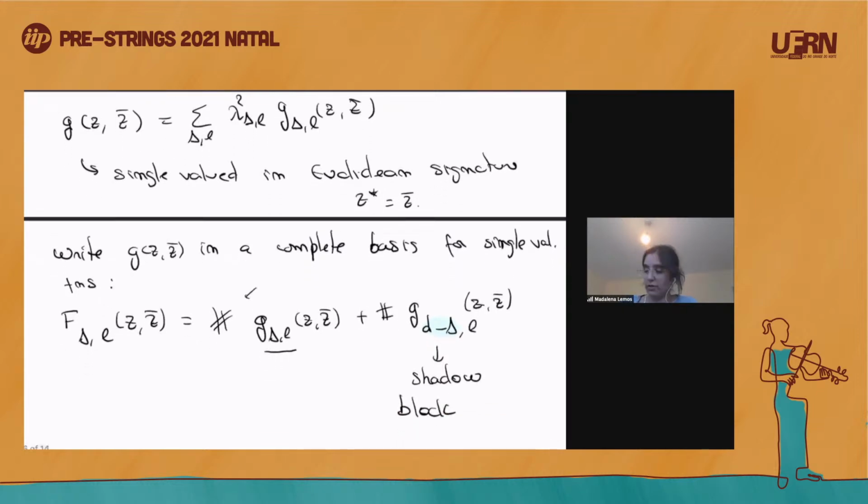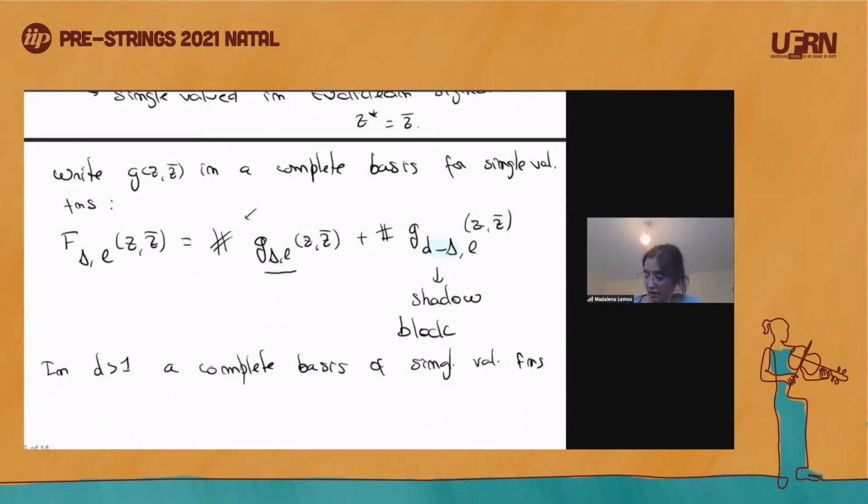And so the nice thing about these functions is that they are single valued in Euclidean signature, while an individual block is not. So in d bigger than 1, a complete basis of single valued functions are these F delta L's.